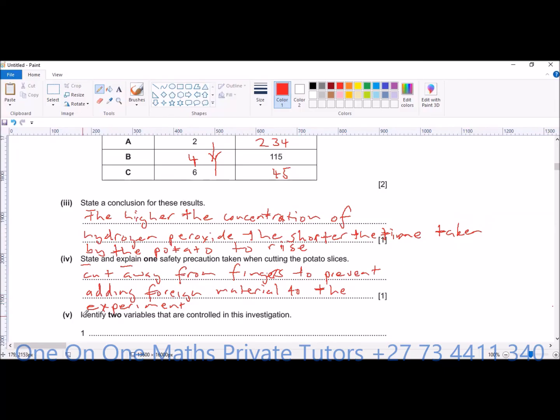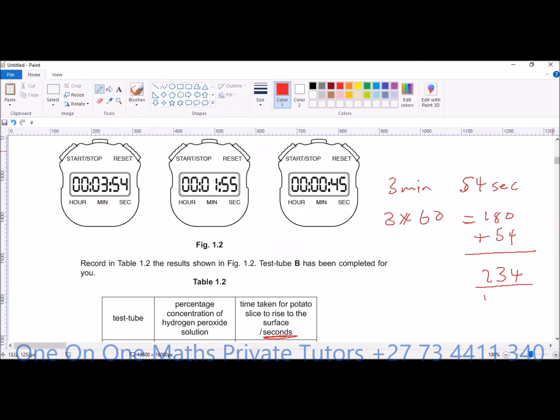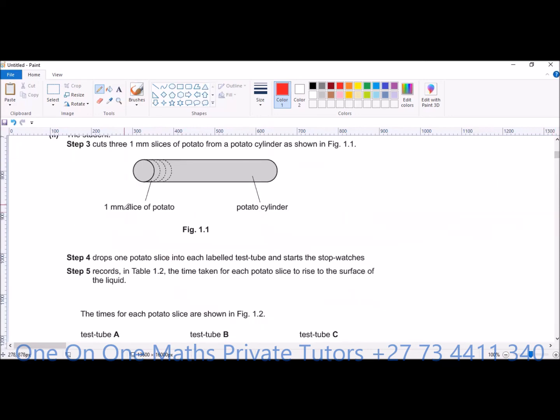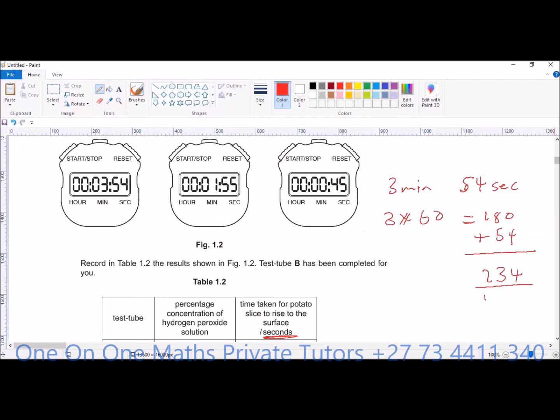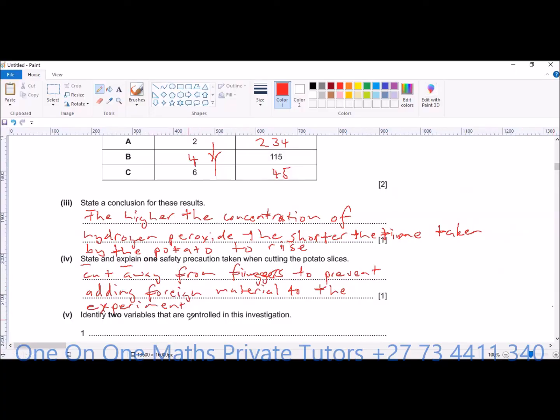Okay, identify two variables that are controlled in this investigation. All right, let's look at here. 1 millimeter slices of potato. So we are maintaining the same size, because when we talk about control, what are the things that are kept constant in A, B, and C in all the beakers?